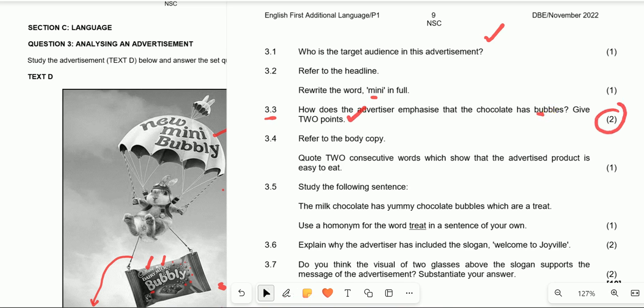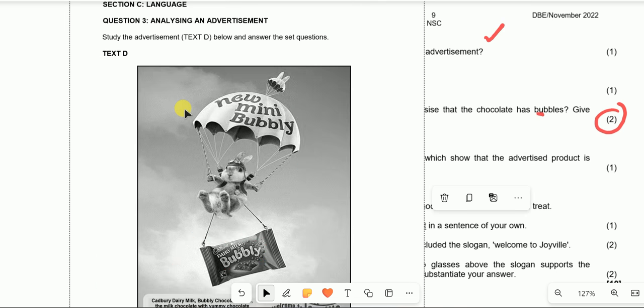You go back to the advert. Don't assume that you understand the advert or you know the advert. Always go back and then we study the advert. I remember we needed 2 facts to show that the advertiser has repeated or emphasized the word what? Bubbles. Now we look at the advertisement again.